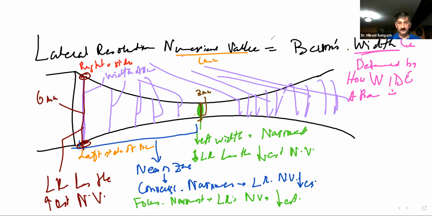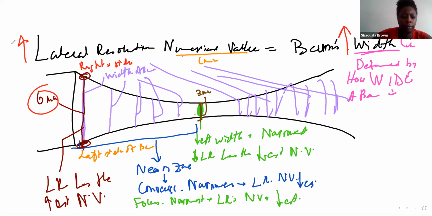So here it's 6 millimeters. This 6 millimeters was a great width of the beam, which may mean you have a great numerical value of the lateral resolution. Did that make sense?